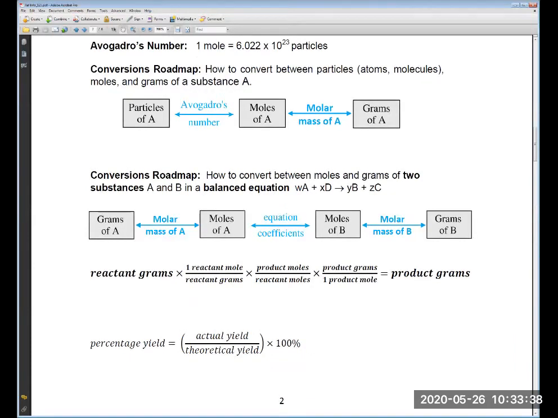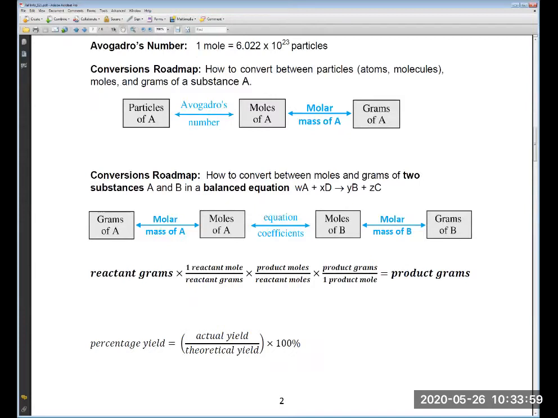And so if, for example, you're given grams of A, and the question is asking how many grams of B will be produced from this mass of A, then you would have to multiply your given amount by 3 conversion factors.